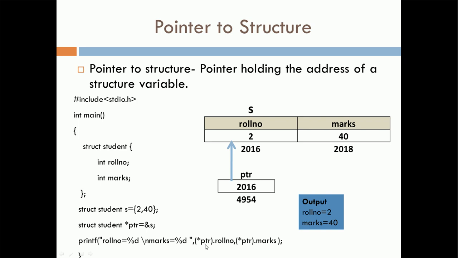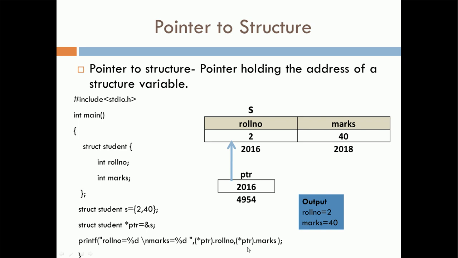In the case of a normal pointer, we use star then the name of the pointer variable to access the value of the variable whose address the pointer is holding. So just write star ptr, then to access the individual field of the structure, write dot then the name of the field. So star ptr dot roll number will provide you the first field of structure variable s, because ptr is pointing to s.